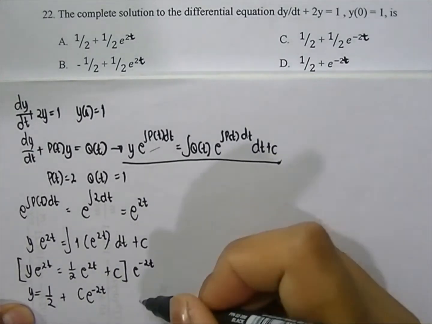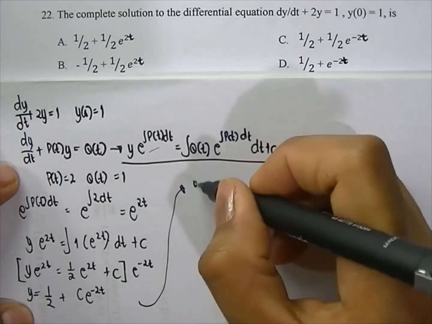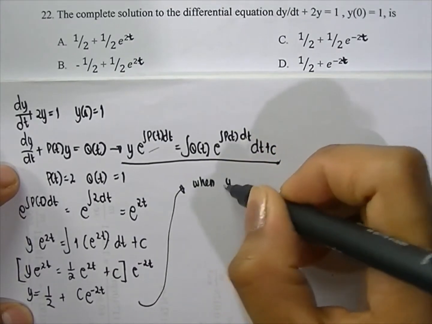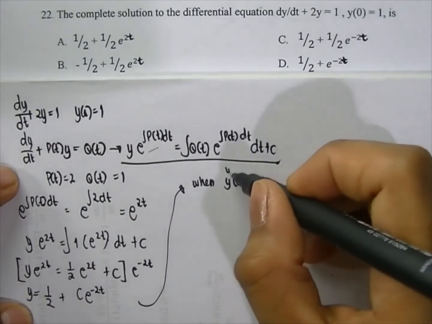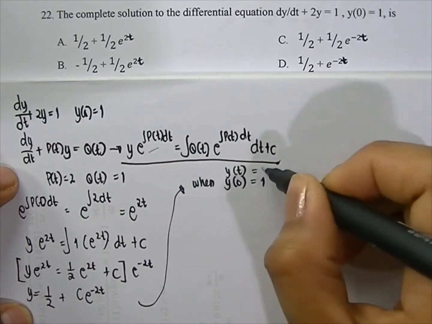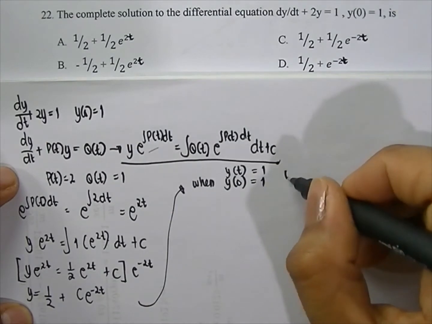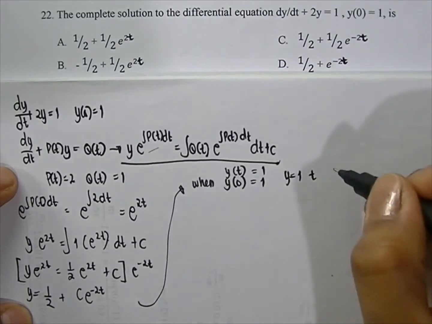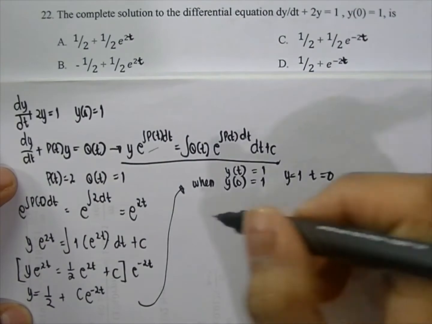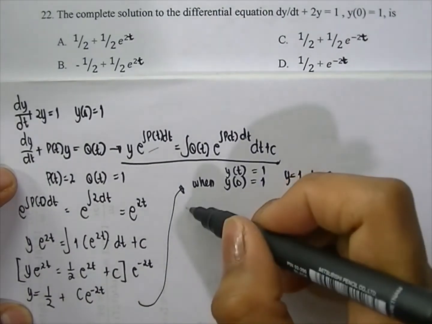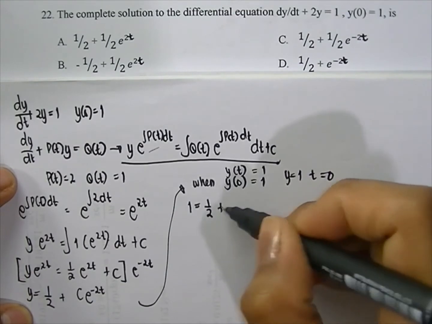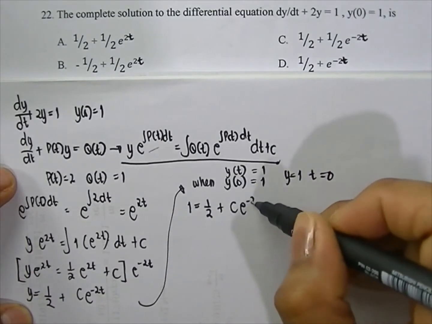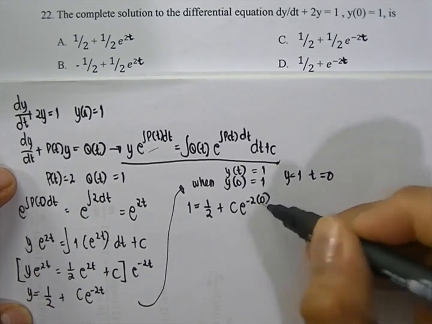So from that, when y of 0 is 1, this means that y here is 1 and t is 0. So substitute here, we have 1 equals 1/2 plus c e to the negative 2 times 0.